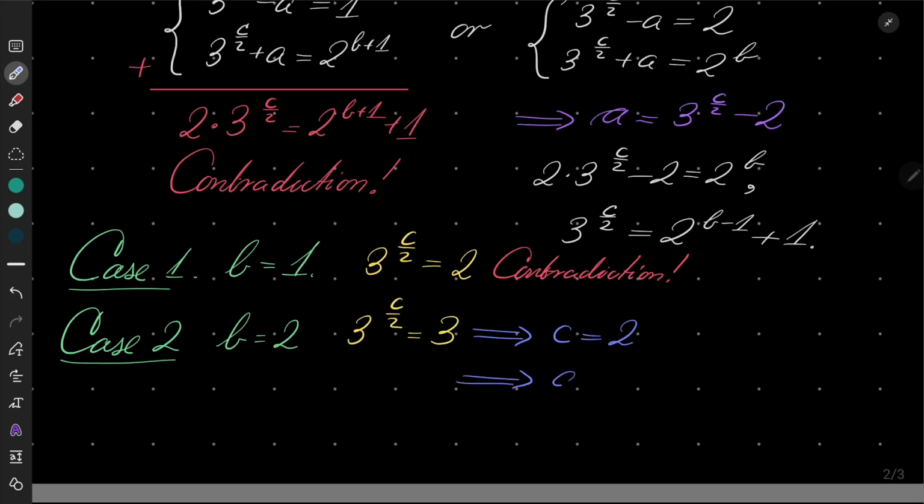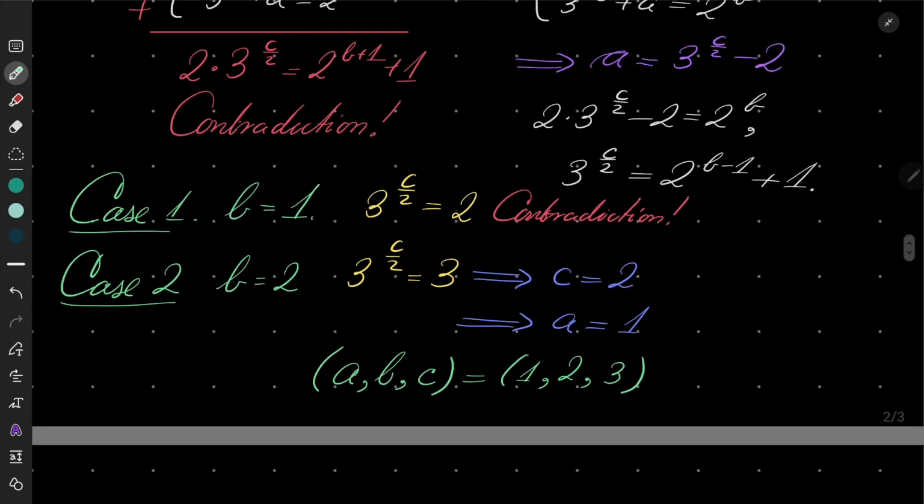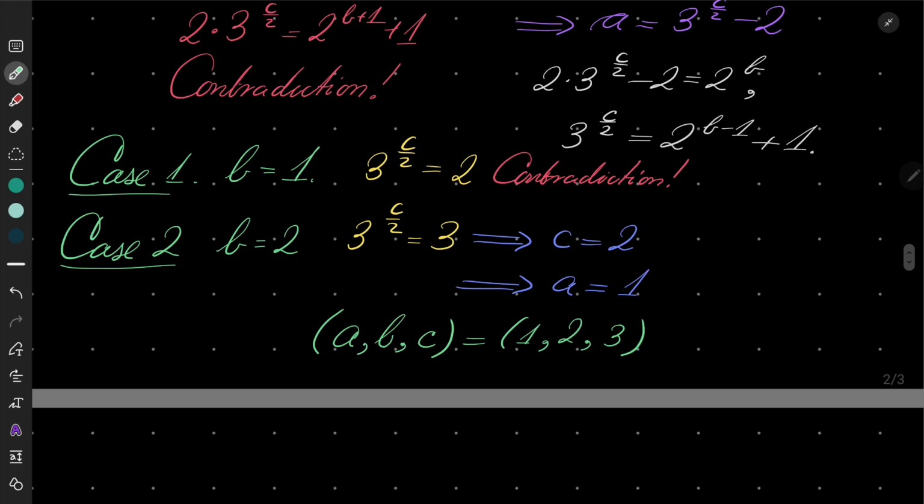So a equals 3 minus 2, 1. So now we already have one triple of solutions. ABC equals 1, 2, 3. It's one triple of solutions. We shall see if there are more.